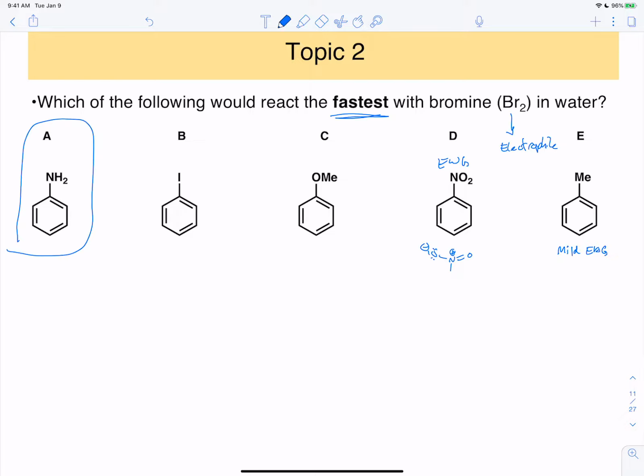The iodide and the other halogens are ortho-para-directors, but they are mildly deactivating. So overall, the electron density decreases because of the electronegativity of the halide, but they still have lone pairs that, if they're forced to react, will participate in the selectivity of the substitution.